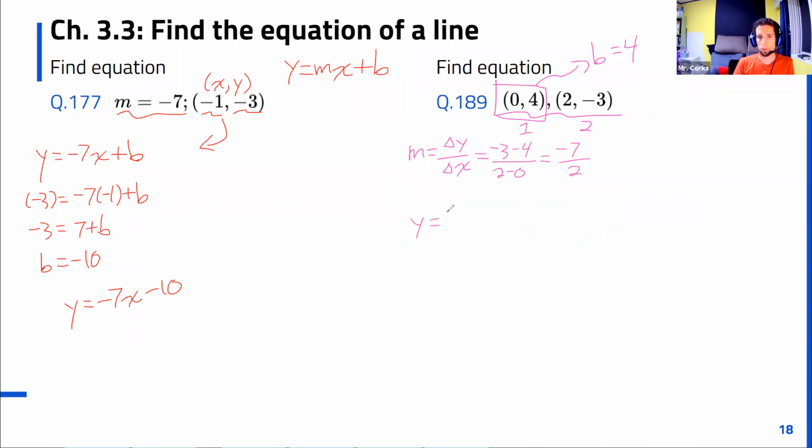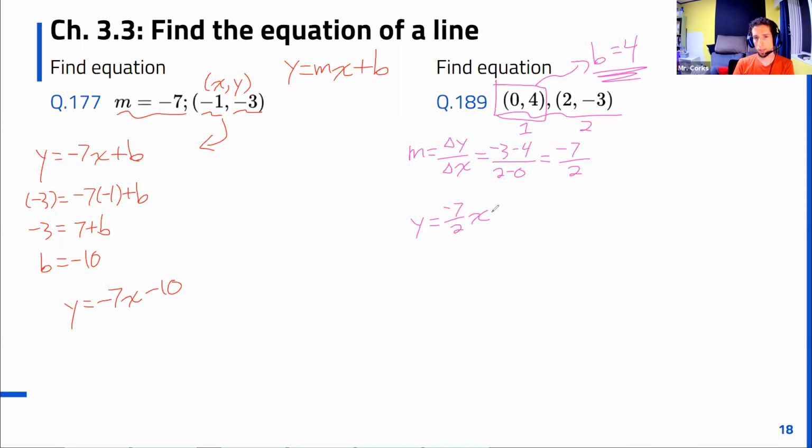So y is equal to -7 over 2 x plus 4. If we didn't recognize the 4 from the point here, then that's okay.